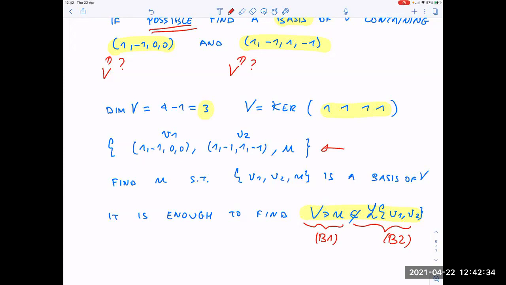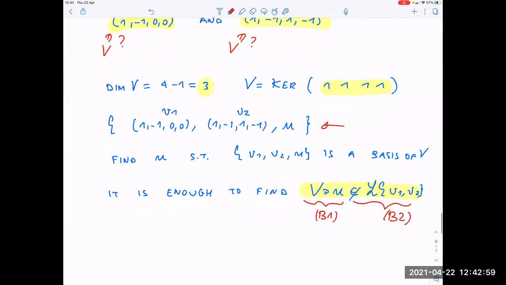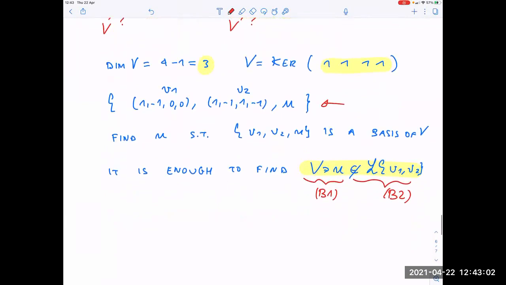One way is to find all elements inside V and look for something which is not a linear combination of the first two. Or one can try to be smart and see that there are some special features of V1 and V2. But let's say I want to write down all of V, and this is the solution space of the linear system of equations x plus y plus z plus t equals 0.